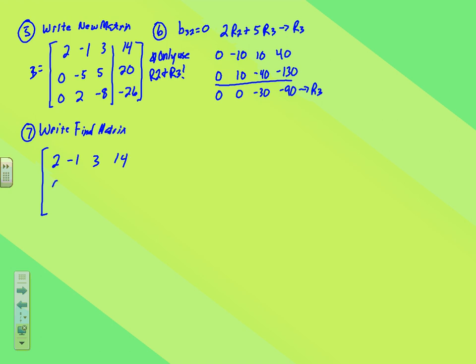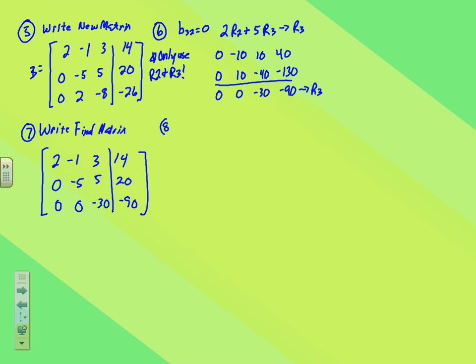Row 2 is still 0, -5, 5, and 20. And row 3 is now 0, 0, -30, and -90. This is our final matrix because in the lower left corner, the values underneath the diagonal are nothing but zeros. So we've now created a triangle of zeros.